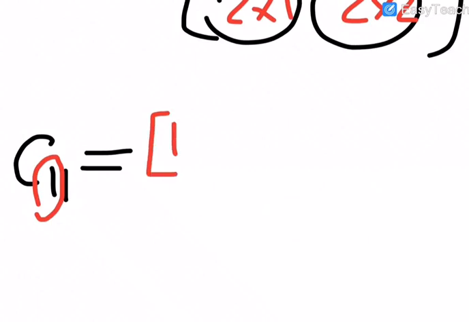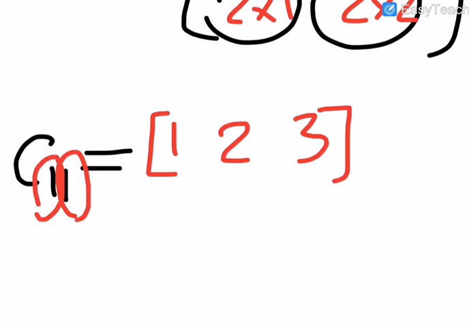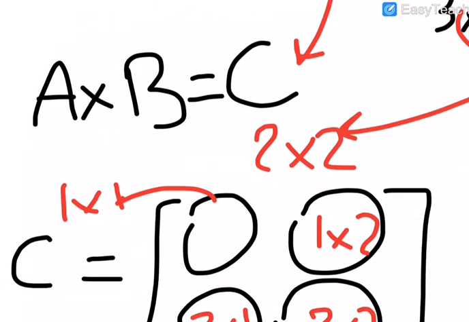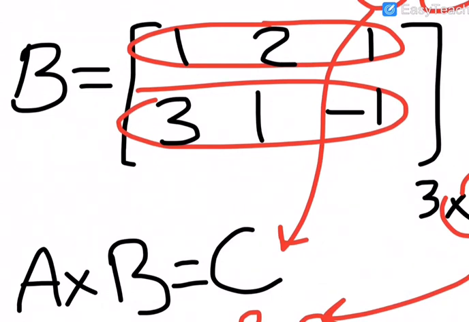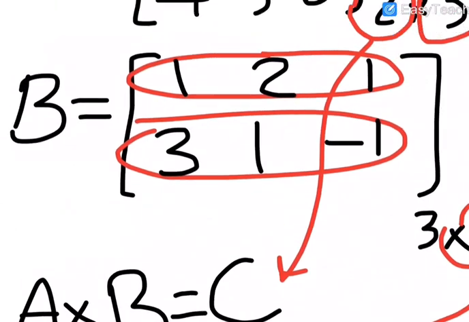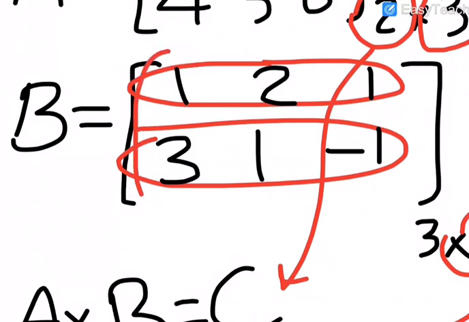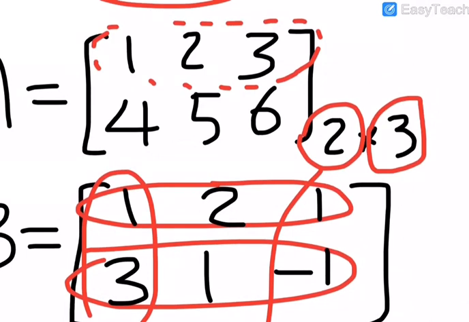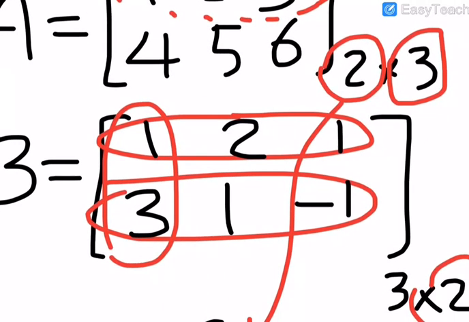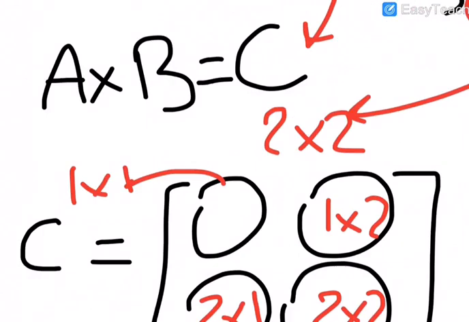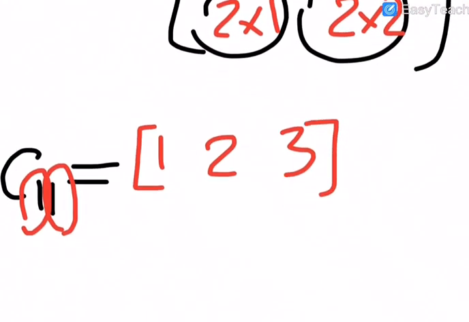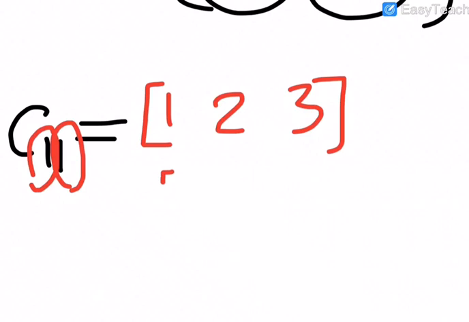The second number is also 1, so we take the first column of the second matrix. So this is the column, and I put it here. Let's say it's 2, 2, 1.